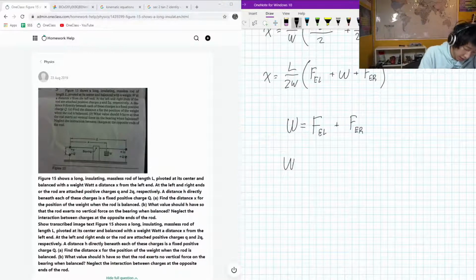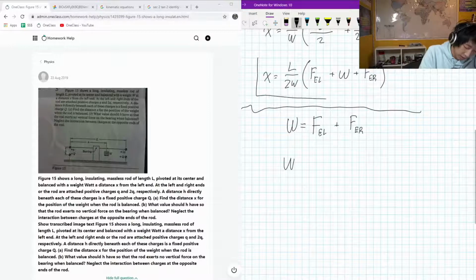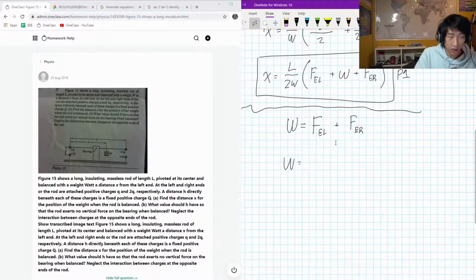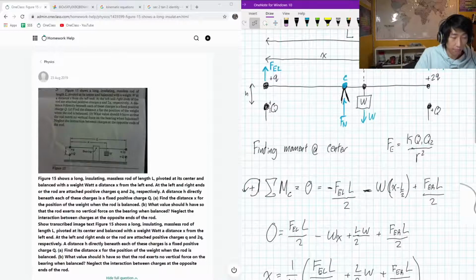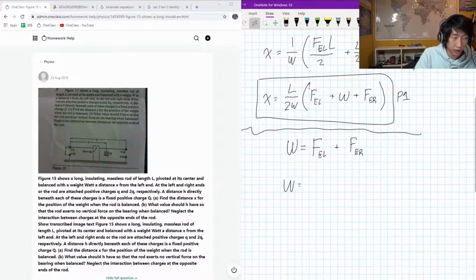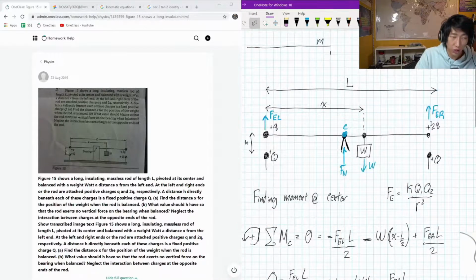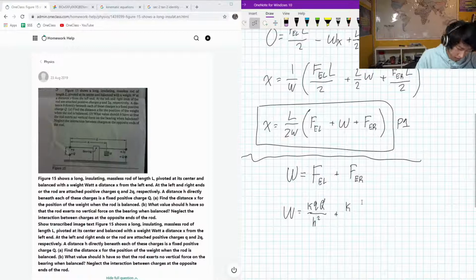Now let's just square this off. This will be part 1. Our left electric force is going to be big Q and little q, so that's going to be K Q over h squared as the distance between the charges, plus K. Now the right side had 2Q, so that's got to be incorporated here.